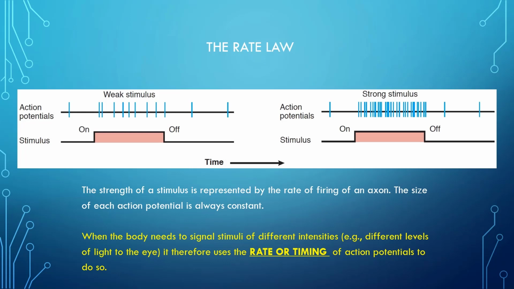Now, I want to point out one thing here on the slide, though, which is that I say rate or timing. This is because we do know of a few systems, and in the auditory system, there can be cases where sometimes the precision of timing can be equally important in influencing the next neuron down the line, or in creating a very specific memory.